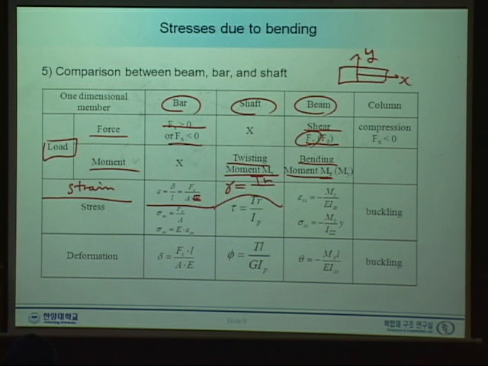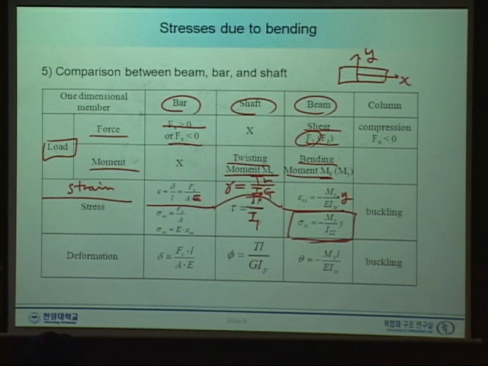TR over IP and G. And this is the tau, T over IP times R. And this is the strain. And here, Y is missing. And this is the stress.